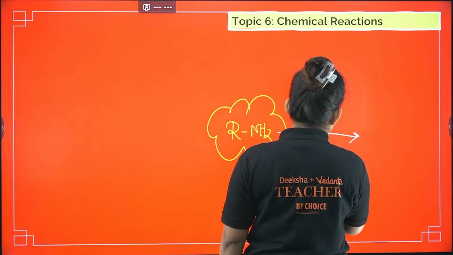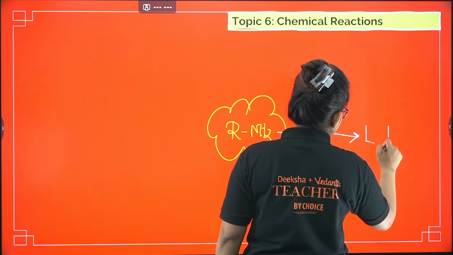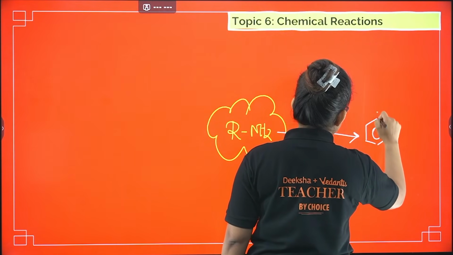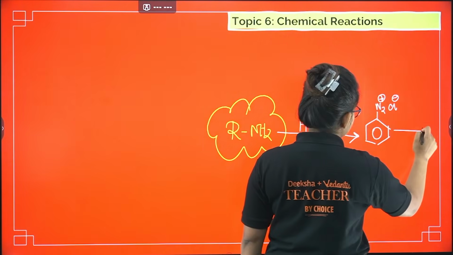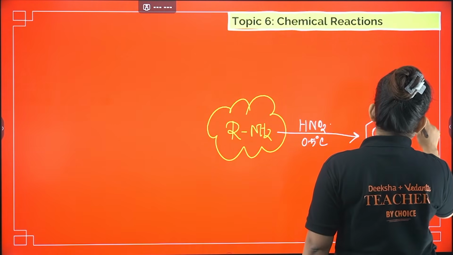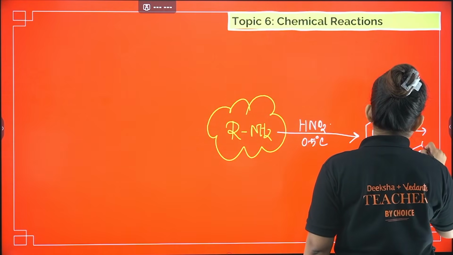If you treat this with HNO2 at 0 to 5 degree Celsius, you will end up with diazonium chloride, right? N2 plus Cl minus. Further, as a little elaboration, if you give water, you will end up with phenol, right?